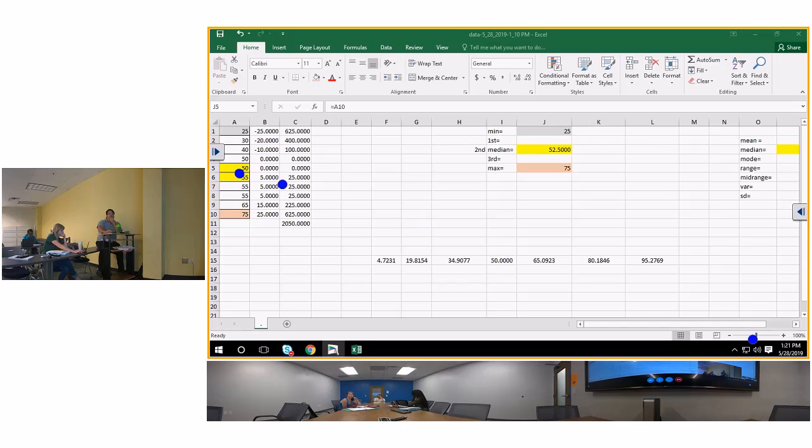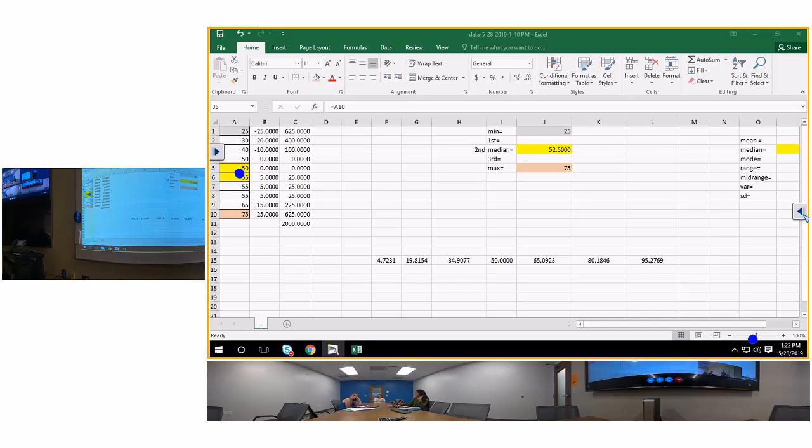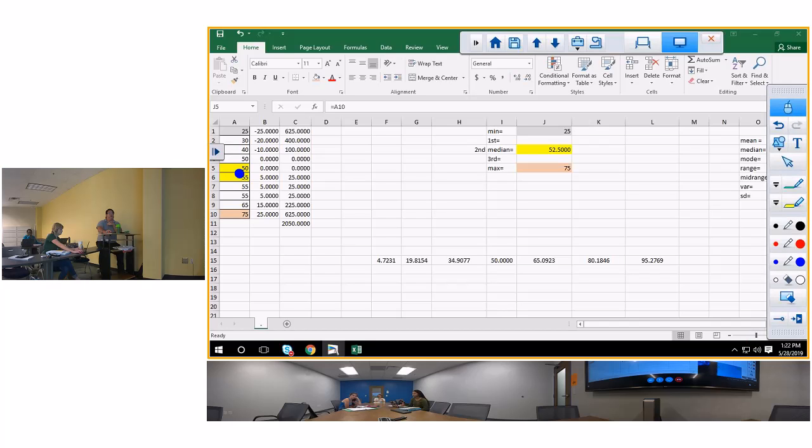So you've got to count: 50 is 1, 2, 3, 4, 5. How many numbers are above the blue dot? 5. So that's odd, so you just have to find the middle number. And the middle number is 40.